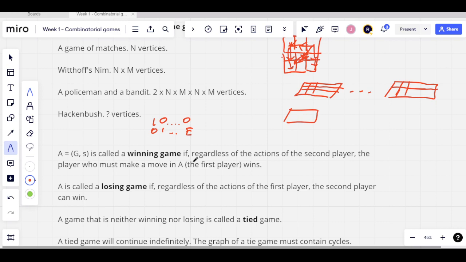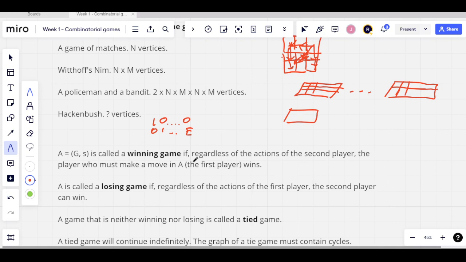We can cut our edges in any order, but we can come to some state.